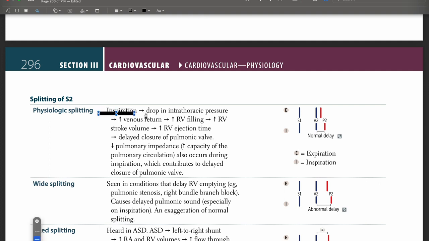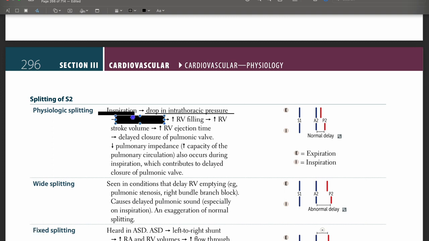There's a negative pressure in the thorax, right? So a drop in intrathoracic pressure, because your outer chest wall is pulling outwards, and it's creating negative pressure in the lungs, right? So negative pressure in the lungs will cause a decrease in venous return, like that.